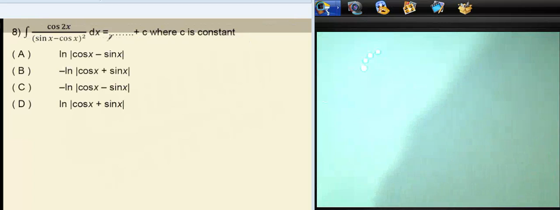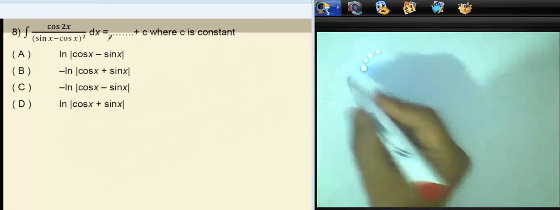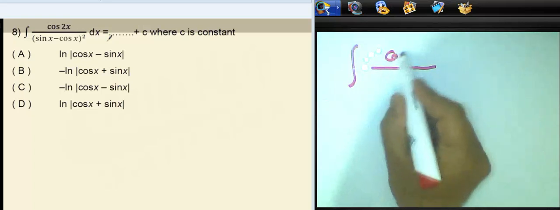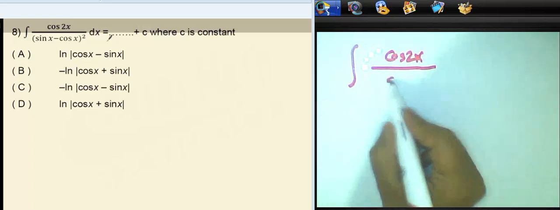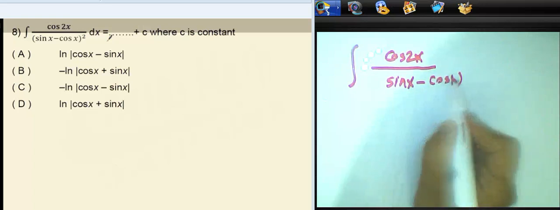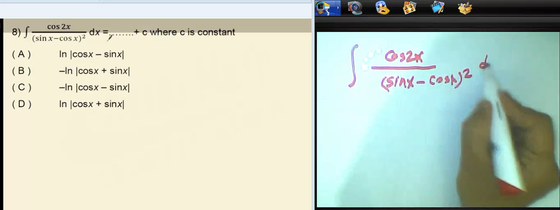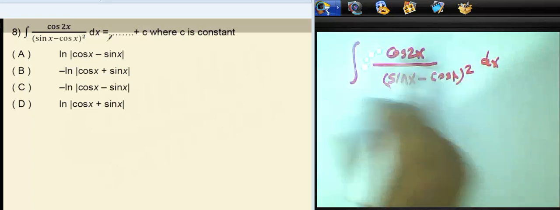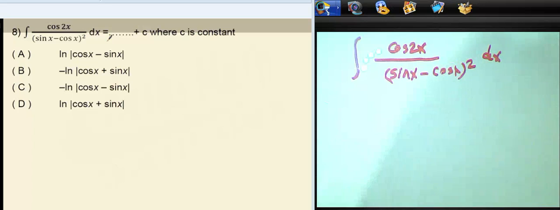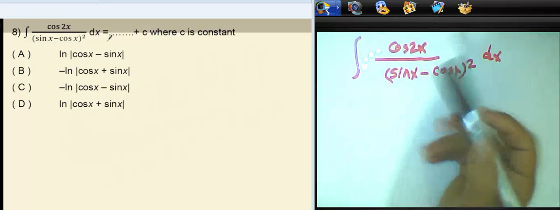Question 8. We will find the integration of this function: cosine 2x over sine x minus cosine x power 2, all dx. We can cancel cosine 2x in this function by using the rule. We know cosine 2x, it will be what?